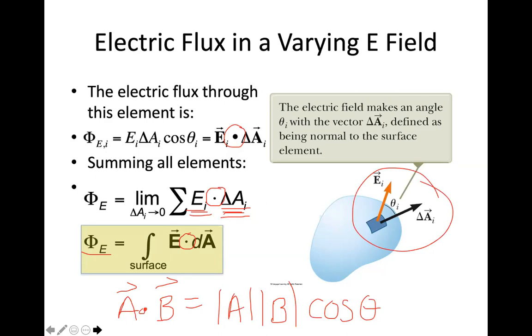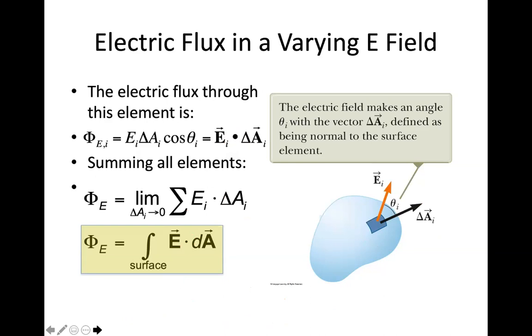I want to know how much of that E field is normal to that. So it's the projection of one vector onto another with its parallel components.